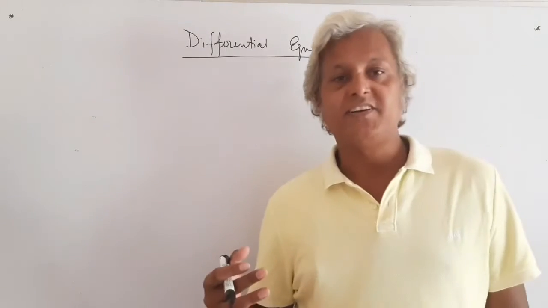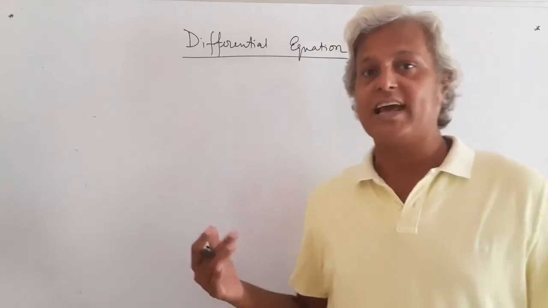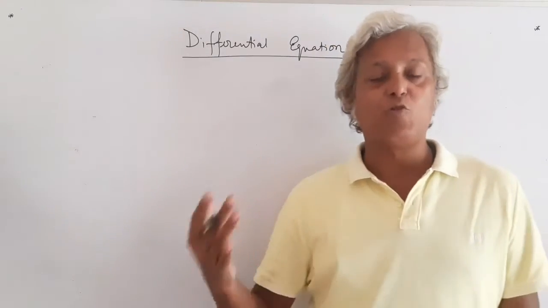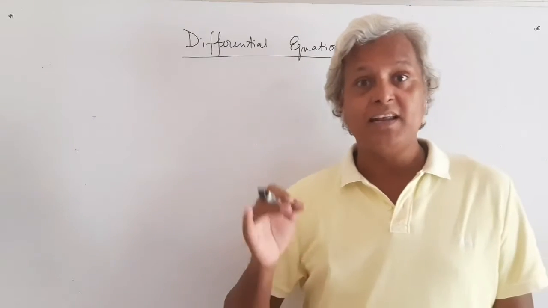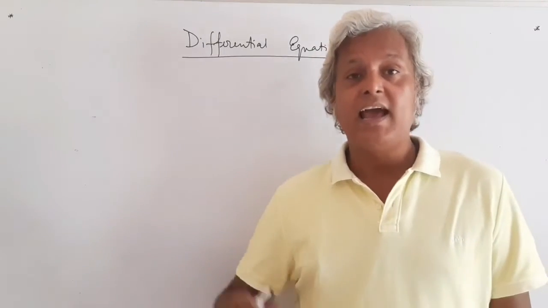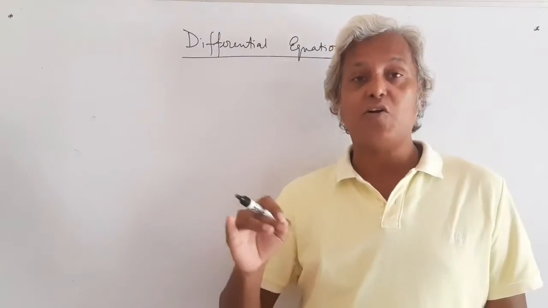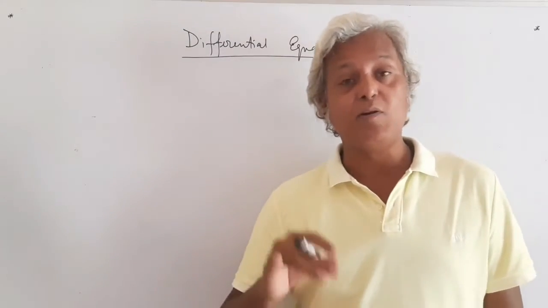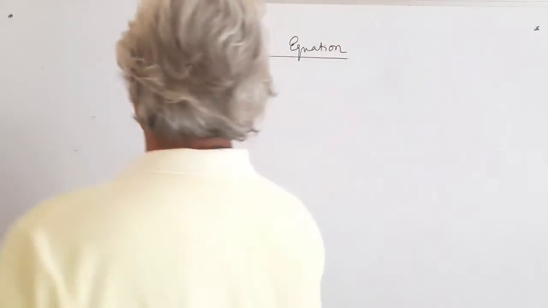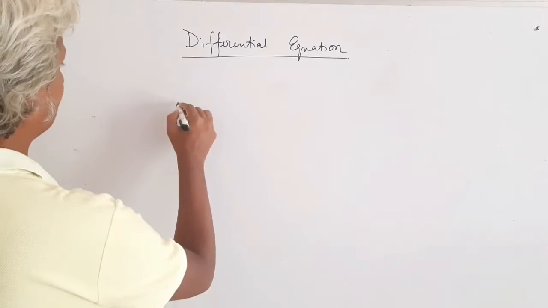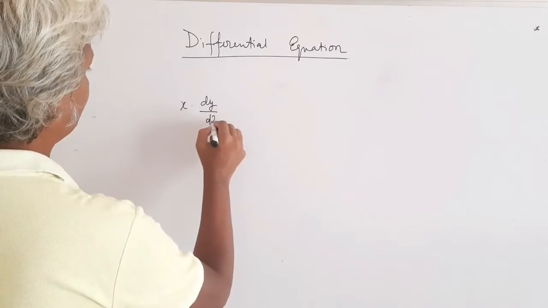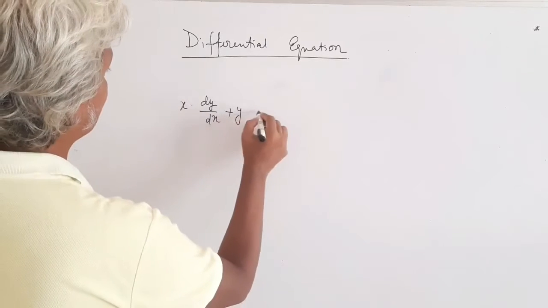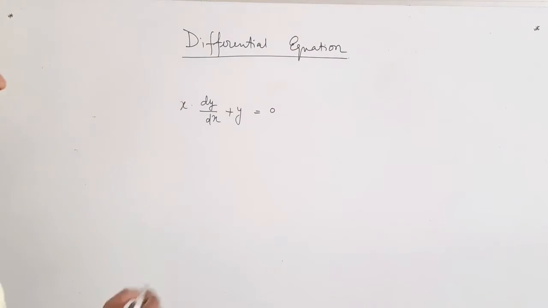The formal definition of a differential equation goes like this: it is an equation which comprises a dependent variable, an independent variable, and the differentiation of the dependent variable with respect to the independent variable. Now it goes in the category of x dy over dx plus y equals 0 or something else.